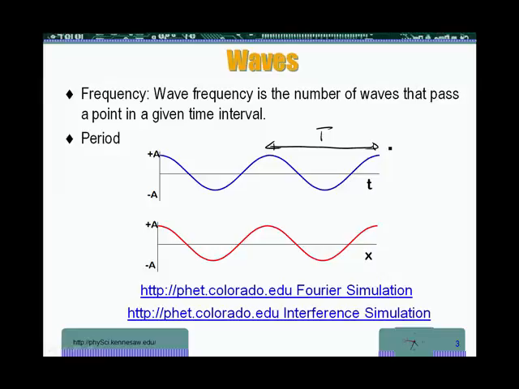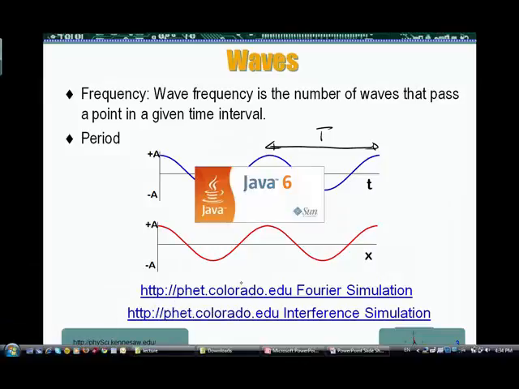Now, before going on, I'm going to try to run a couple of simulations to illustrate what we just talked about. Okay, I need to change this to an arrow and open this one.